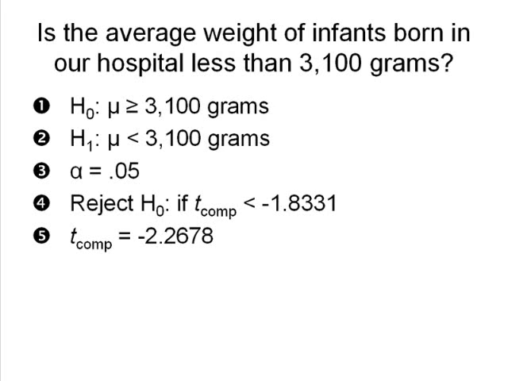We said we were going to reject H0 if the t-comp was less than negative 1.8331. And our t-comp is negative 2.2678, which is less than negative 1.8331. So we are going to reject H0, and that's step number 6, rewrite reject H0.